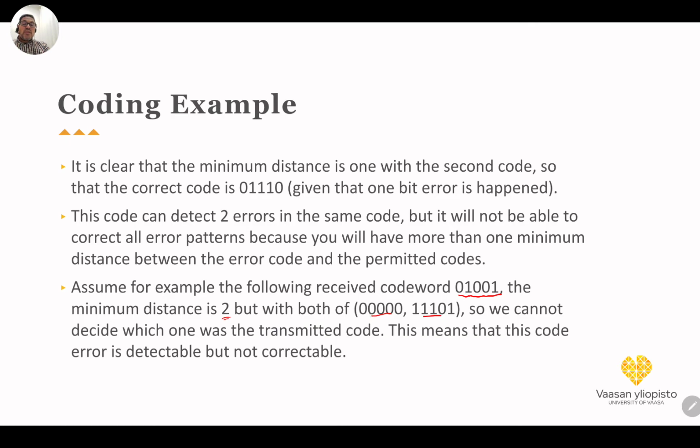It can be 2 with this one and this one. Which one was transmitted? We don't know. We cannot decide because it has the same Hamming distance with two different codes. In that case, we detect the error, but we cannot correct the error.